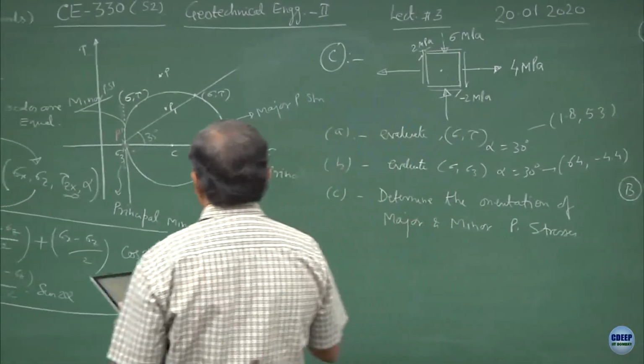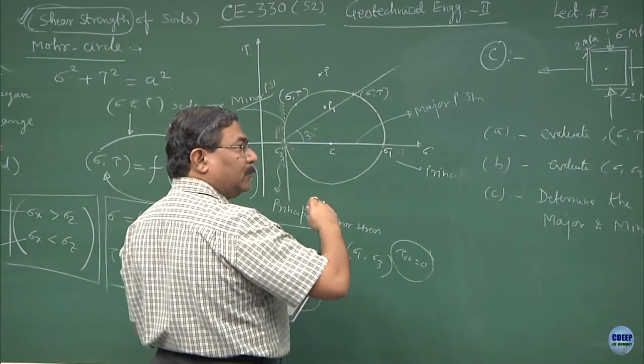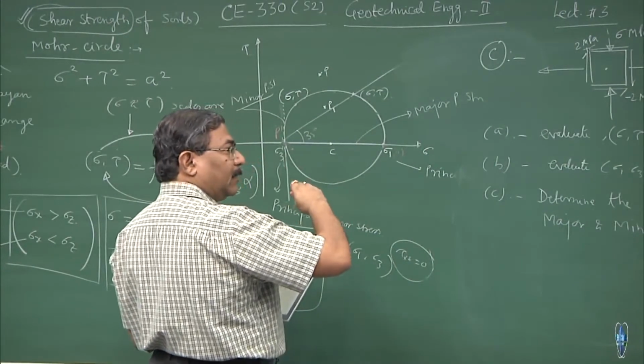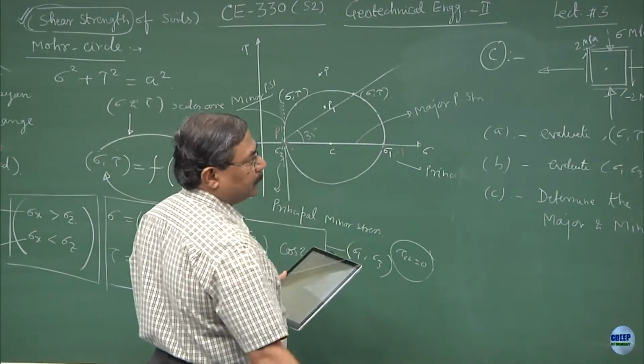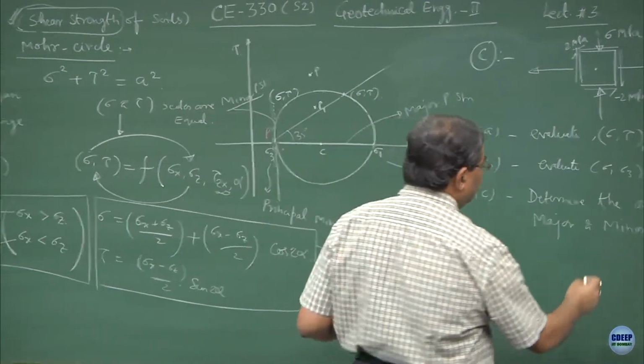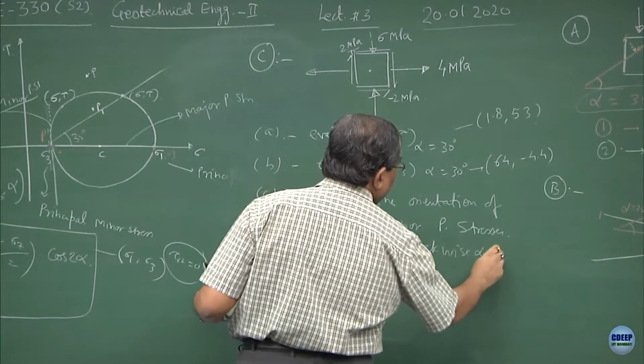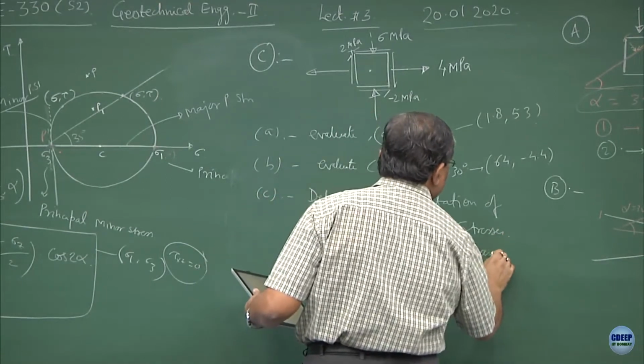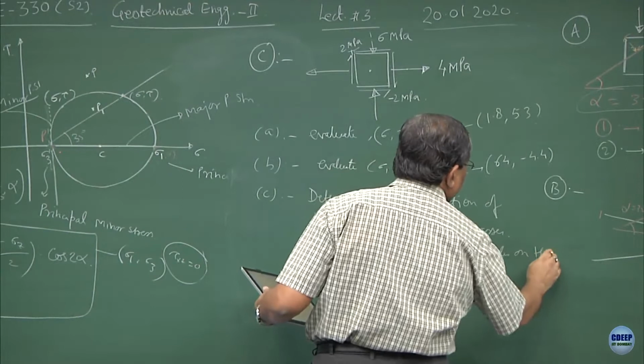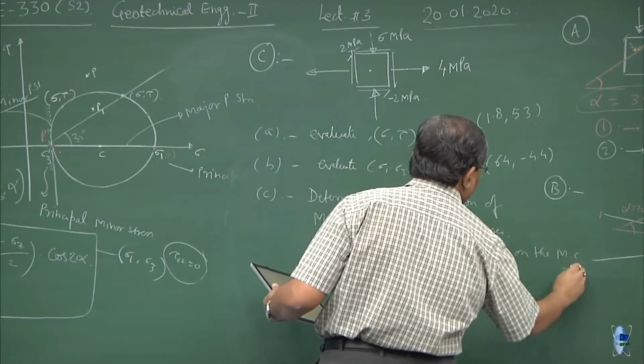The sign convention is the angles are always assumed to be positive when they are clockwise. Clockwise angles on the Mohr circle are positive.